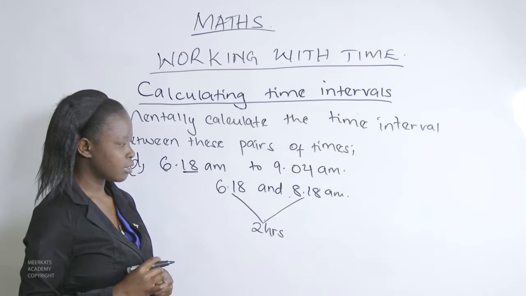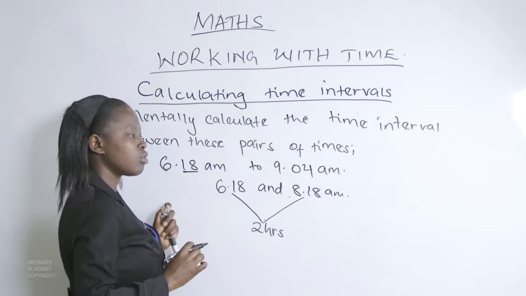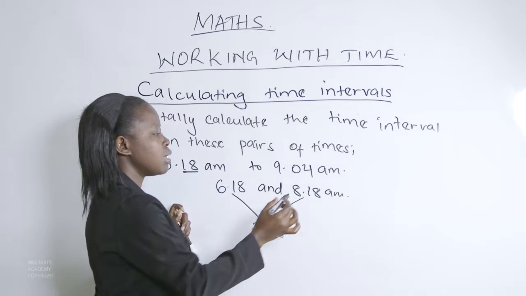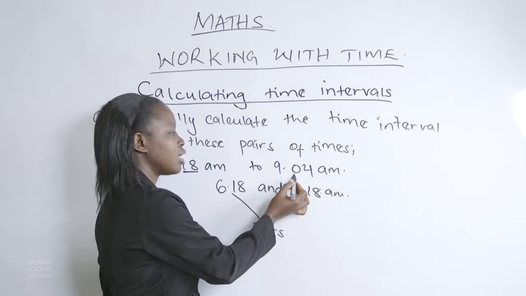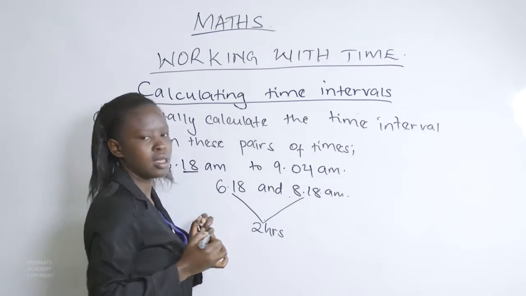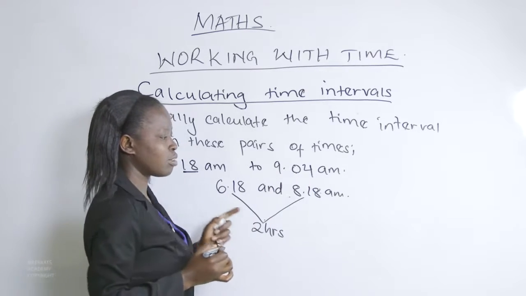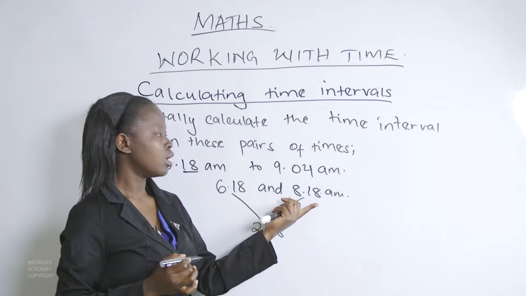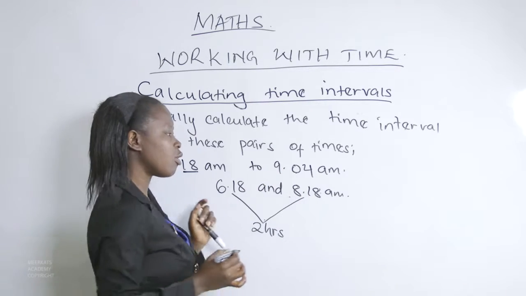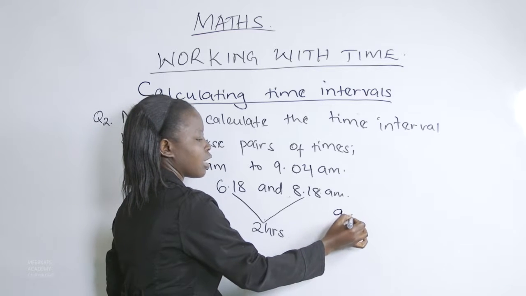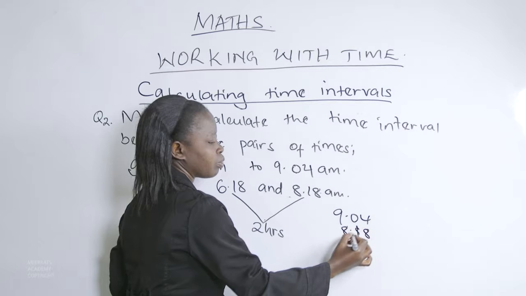So the question is, how many minutes am I supposed to add to 8:18 so that I get 9:04? So this will mean that I have 9:04 minus 8:18.